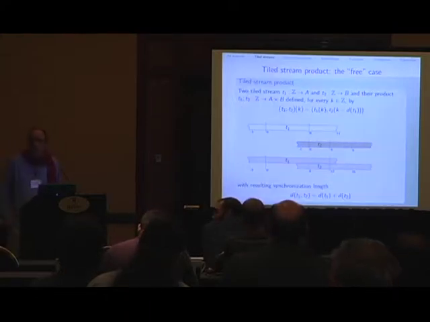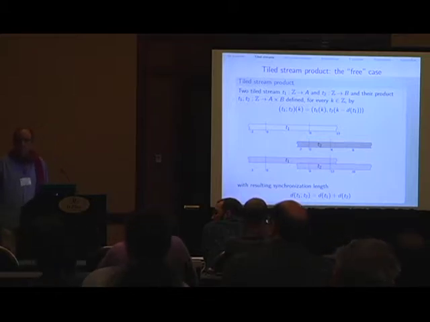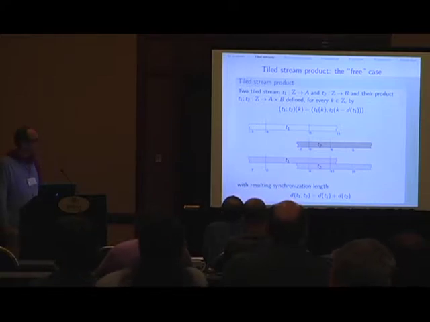I would like to stop you now so I can make sure I understand what you're saying before we go on. Yeah, please, you're welcome. There's an overlap here. Your T1 has a synchronization length of 8, and your T2 has a synchronization length of 4. So the result has a synchronization length of 12.